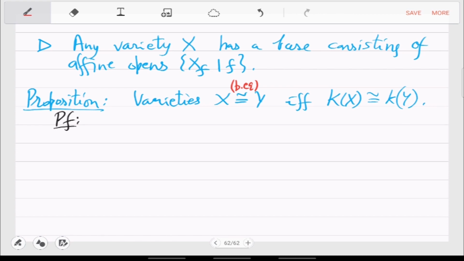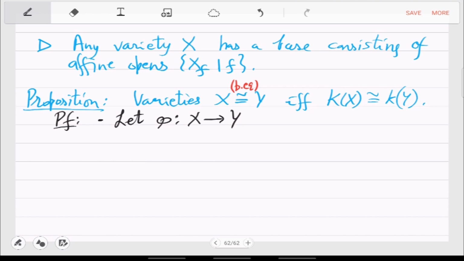It isn't by morphism, but by rational maps. If we take the definition to be just morphism, I mean from X to Y you have a morphism and you have an inverse morphism from Y to X, then K(X) is isomorphic to K(Y) directly follows, right? Yeah, sure.